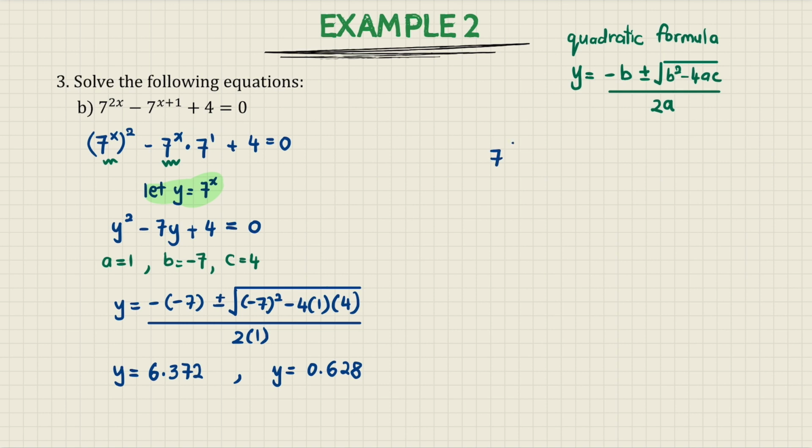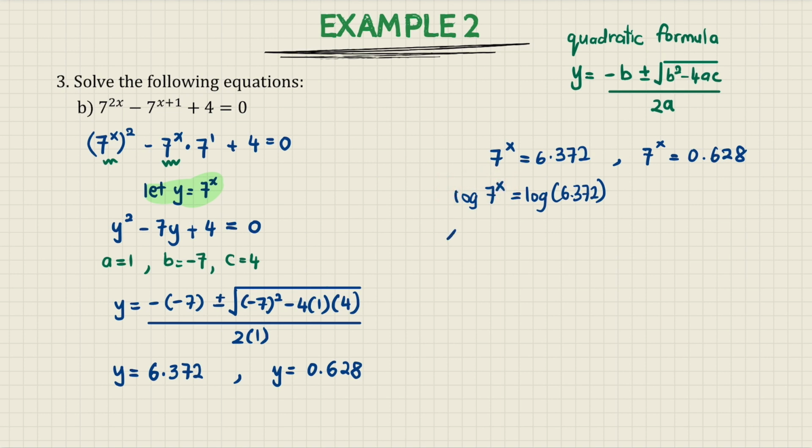So 7 power of x will be equals to 6.372, and the other one adalah 7 to the power of x is equals to 0.628. Okay, dekat sini dah dalam bentuk index equation. So base tak sama, apa yang kita akan buat? Log on both sides. Okay, so belah kiri kita letak log, belah kanan pun kita kena letak log. So using the properties of log, x ini boleh bawa ke depan.